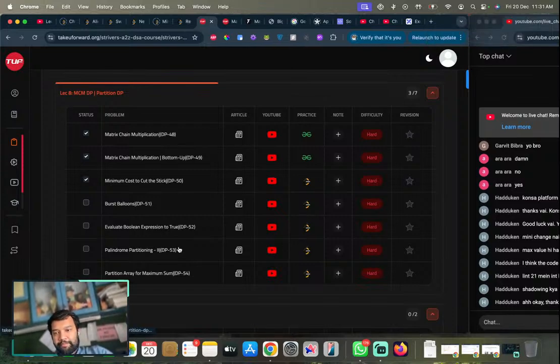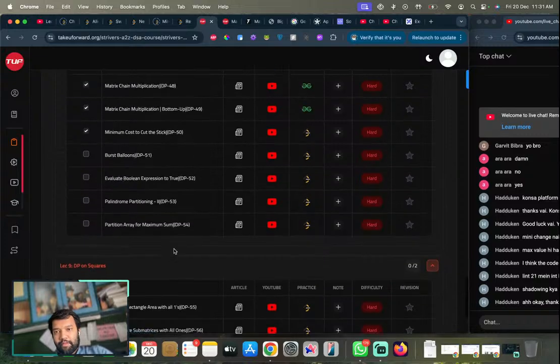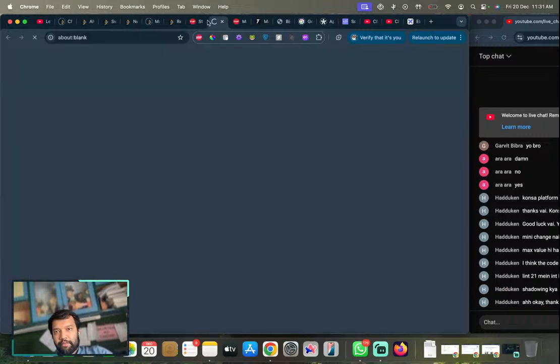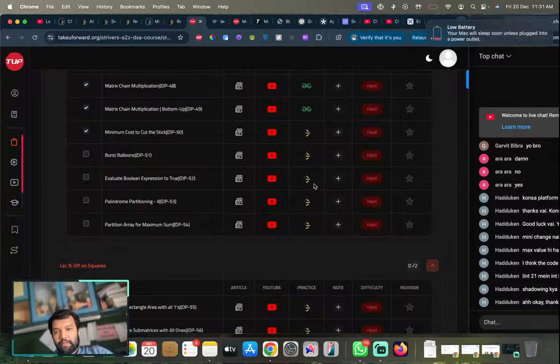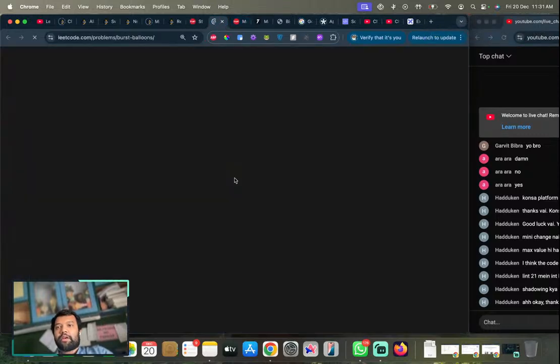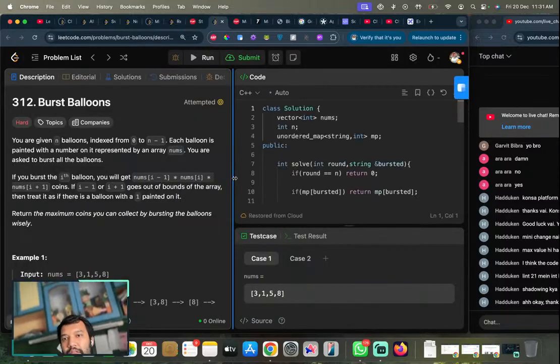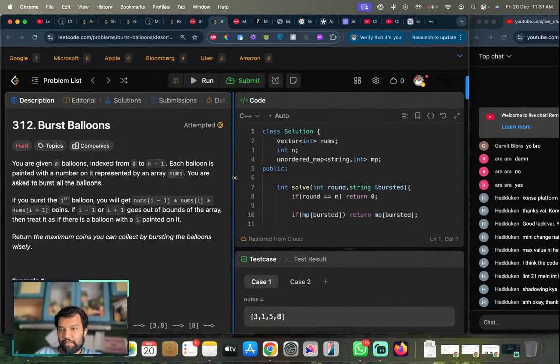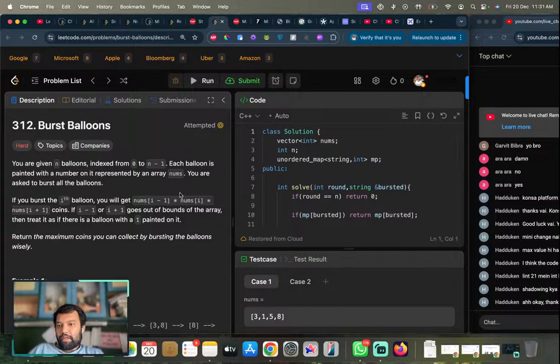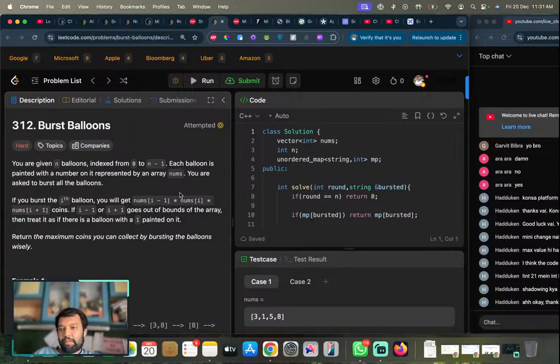I'm learning MCM. I think I've done burst balloons. No, I have not. Given an balloon index, each balloon is painted with number on it relevant to an.